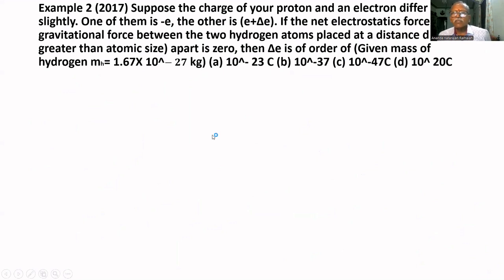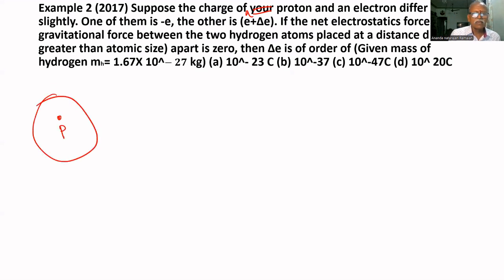Suppose the charge of a proton and an electron differ slightly. In an atom, the proton will be in the center. Let us put only one circle to understand.